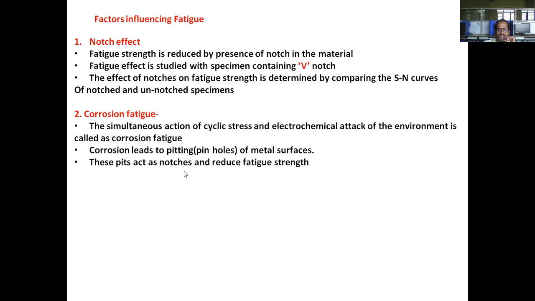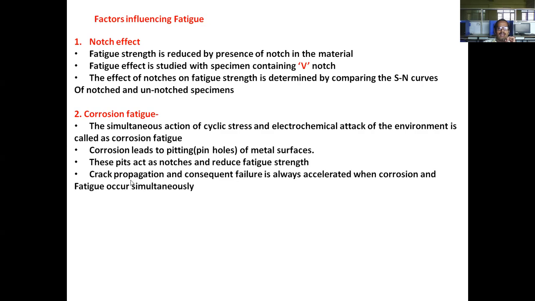These pits act as notches, and theoretical fatigue strength cannot be achieved because of the corrosion phenomenon. There are pits or pinholes, and the pits act as notches, which reduce fatigue strength. Crack propagation and consequent failure is always accelerated when corrosion and fatigue occur together. The electrochemical attack is corrosion and fatigue is cyclic stress.